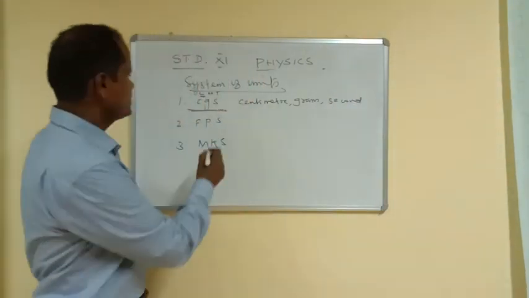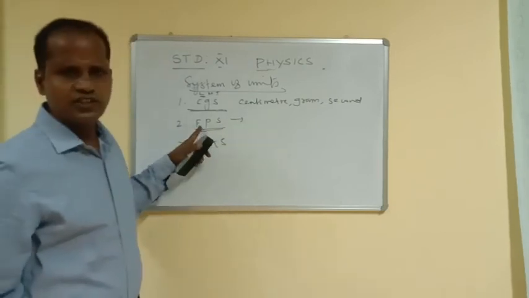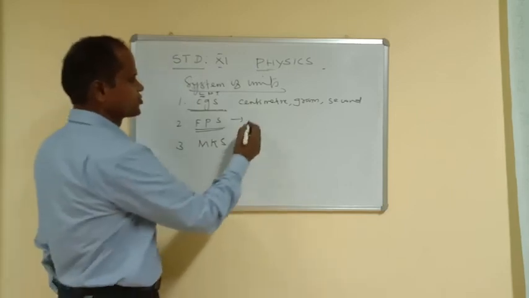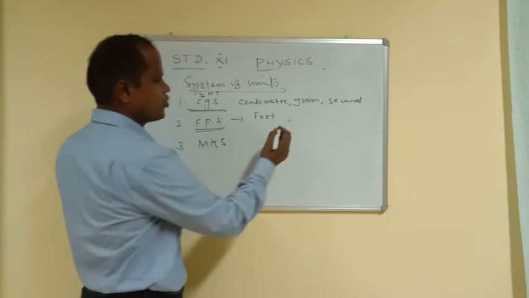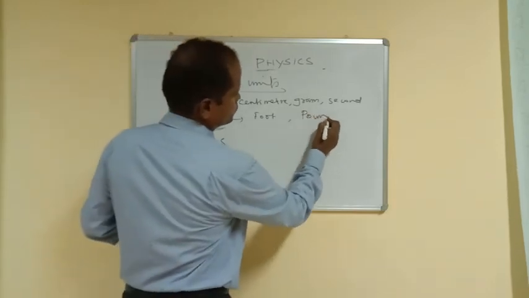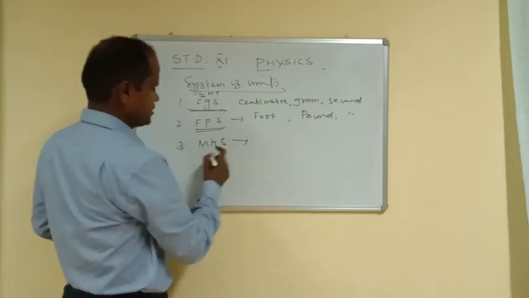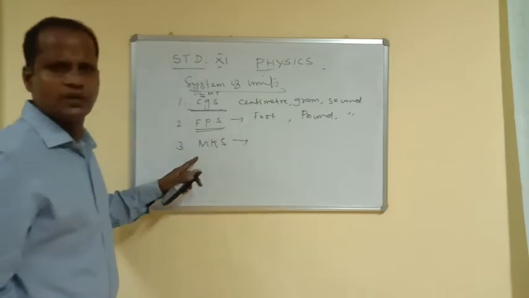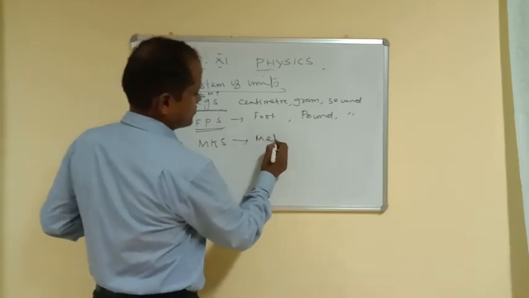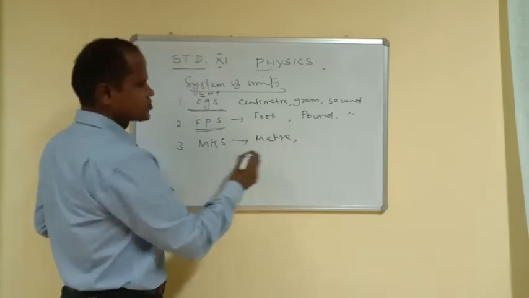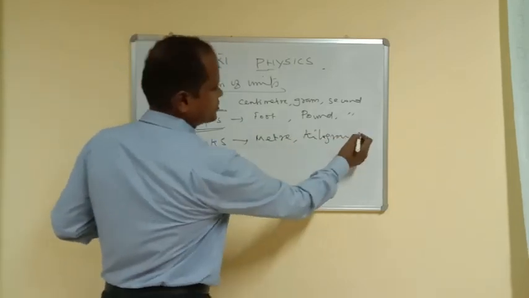Okay, then the FPS system. F is for length, F refers to foot. P for pound. Then S for second. Here in MKS, M refers to meter, K refers to kilogram, S refers to second.